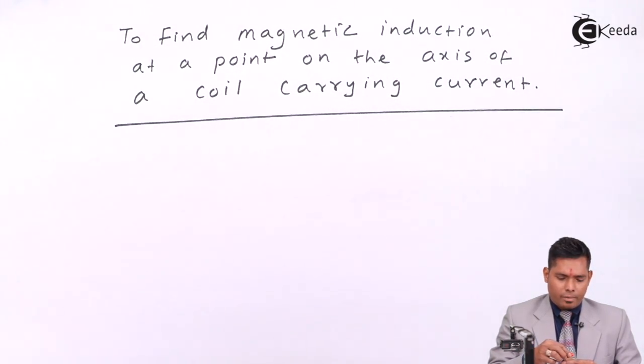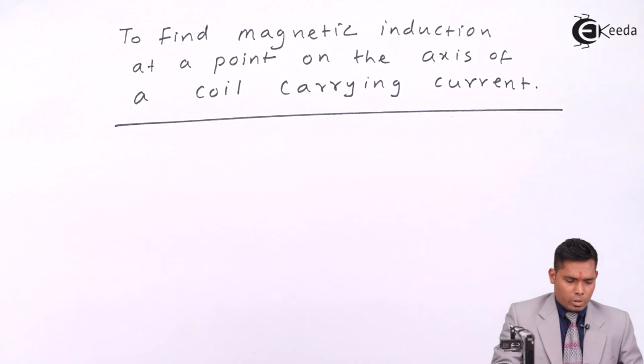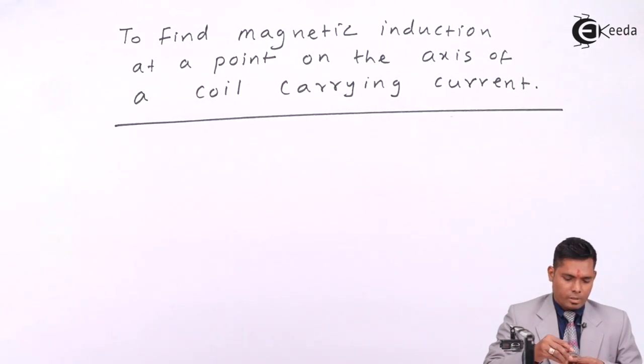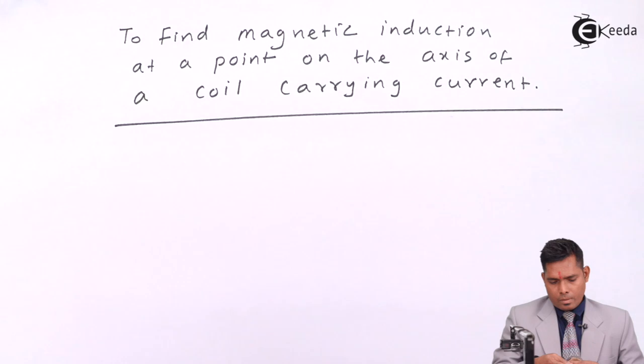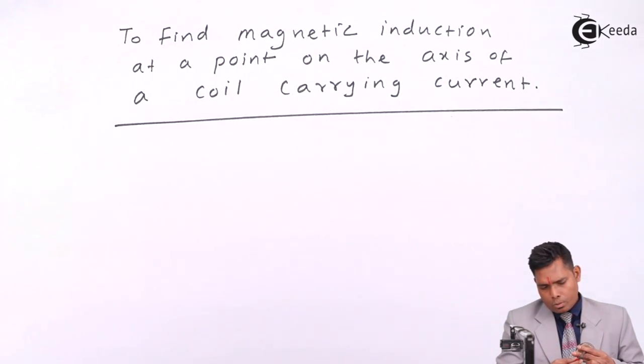If I join a line from this element to this point, it will look something like this. If I choose an element here, it will look like this. So from each element, I have to join to this point. That is the r vector.